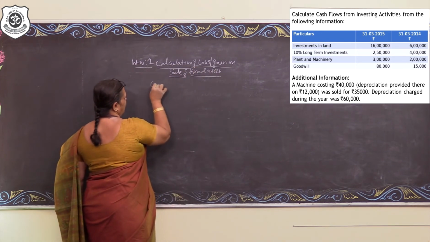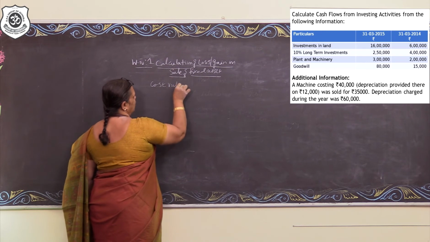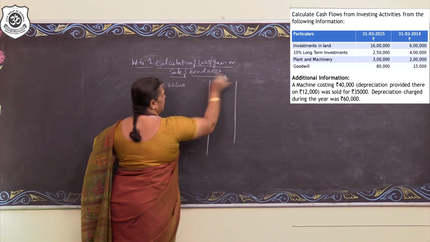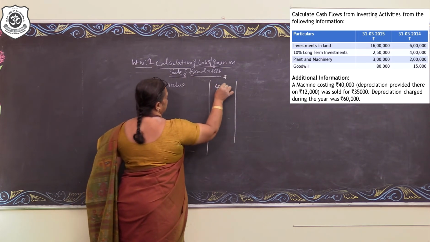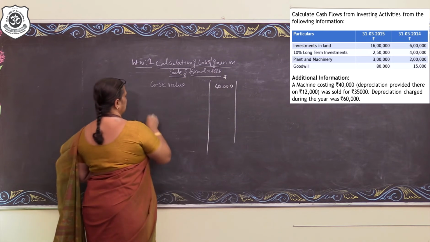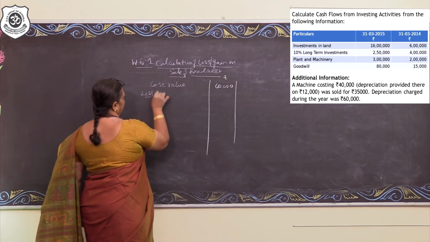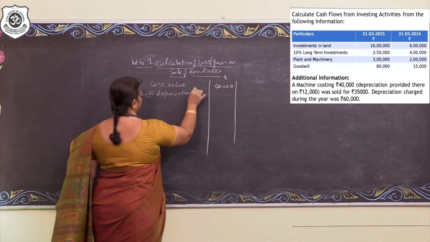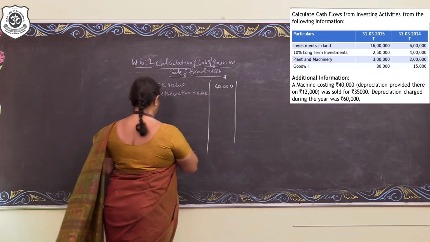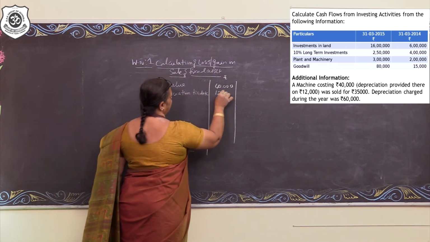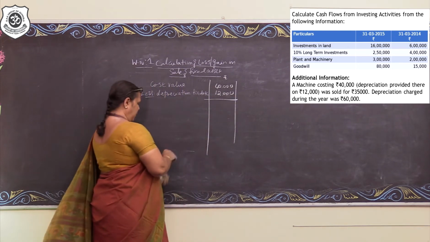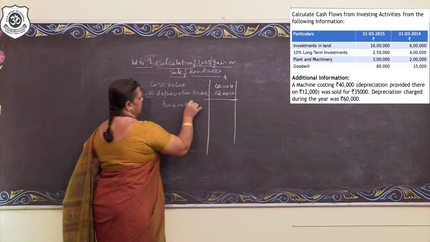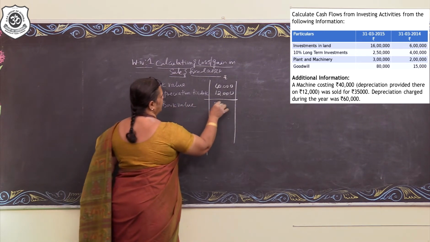So you have cost value of the asset to be 40,000 rupees less depreciation till date, to be 12,000. So your book value is going to be 28,000.